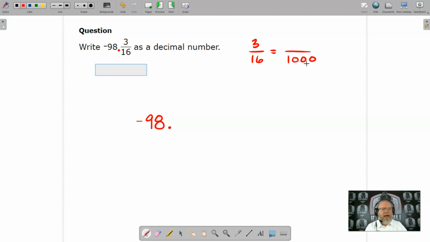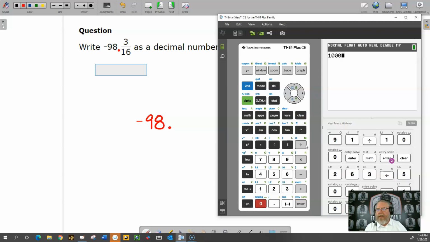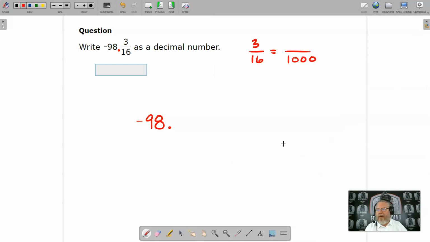Let's pull up the calculator here, and we'll clear that out. We're trying to get 16 into 1,000, so we'll check and see. 1,000, will it divide evenly by 16? And nope, we get a decimal number there. So let's try another place value. Let's throw another 0 here on the end. And now we're at 10,000. So let's check that out. Pull the calculator back up.